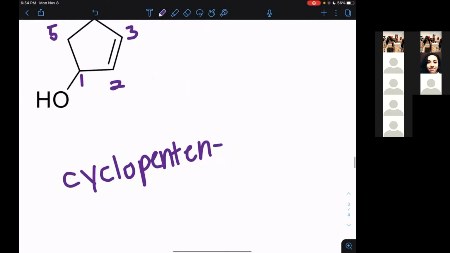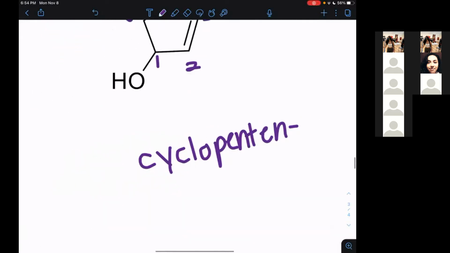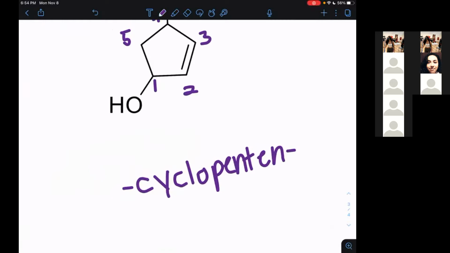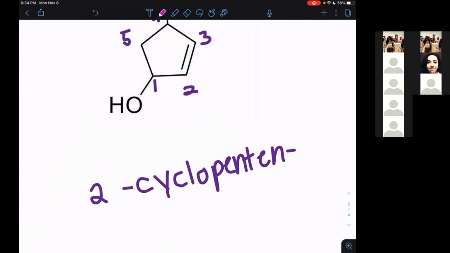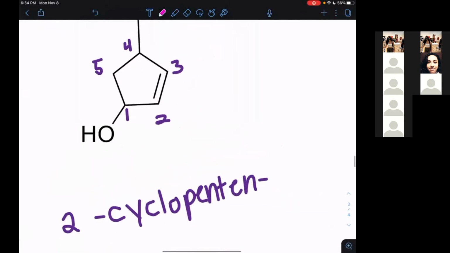Yeah, so I guess we'll just stop there for a second. And then you could identify right in front of that, your double bond is on 2. And then for that ending, you have to put in where the OH is before the suffix. So 2-cyclopentene-1-ol.